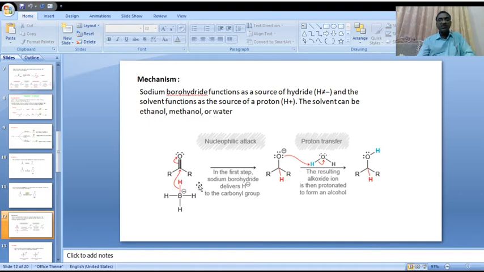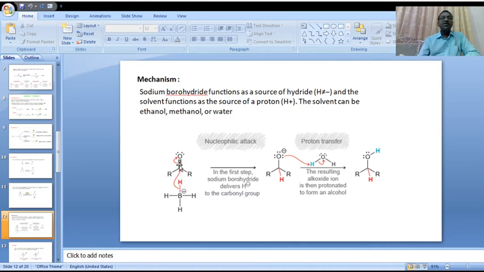This step is called nucleophilic attack. That particular H minus ion is produced from NaBH4, sodium borohydride. That nucleophile attacks on carbonyl carbon. In this nucleophilic attack in the first step, sodium borohydride delivers H minus to the carbonyl carbon.